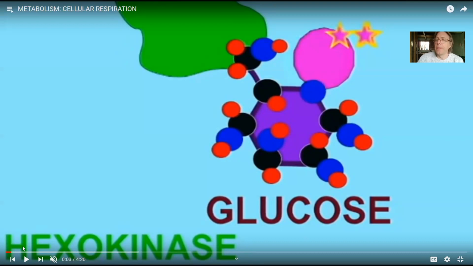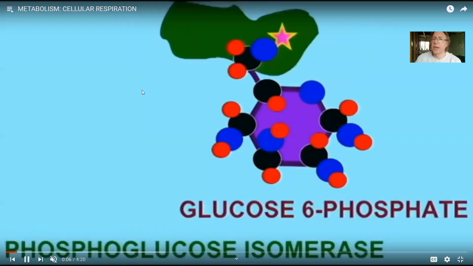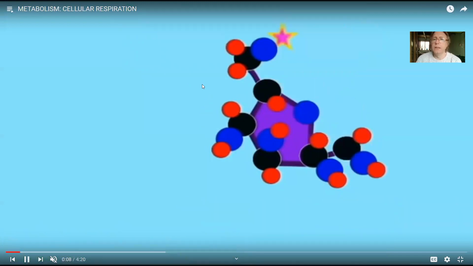So what happens with the glucose that came from the meal you ate, was transported through your blood and ended up being absorbed in a cell? Well, we could do this, where in a series of reactions catalyzed by different enzymes, each enzyme here is depicted in green.